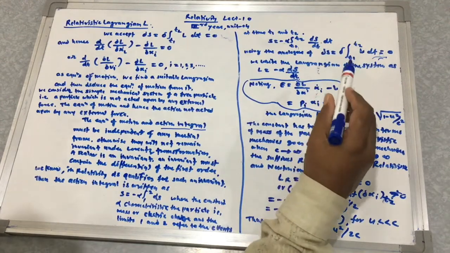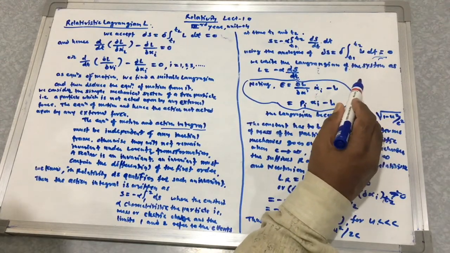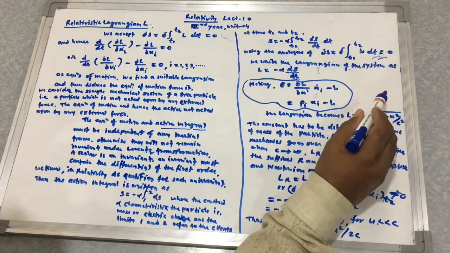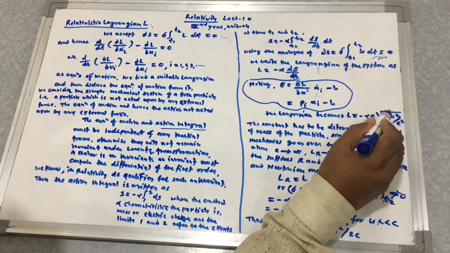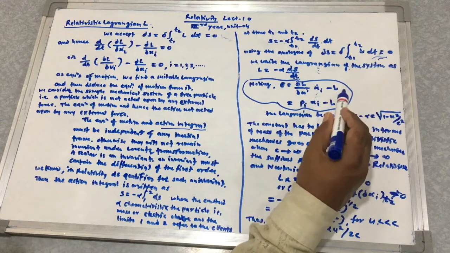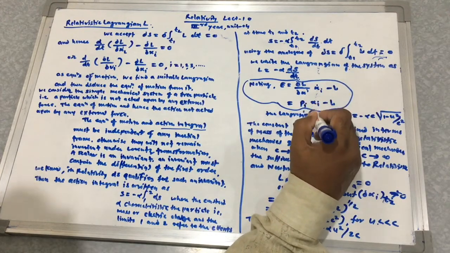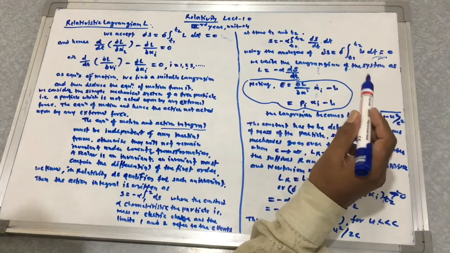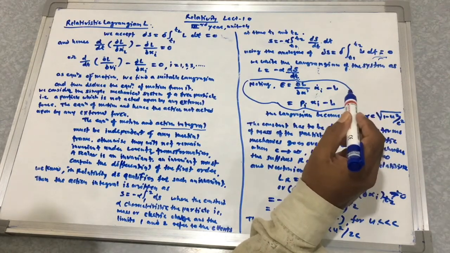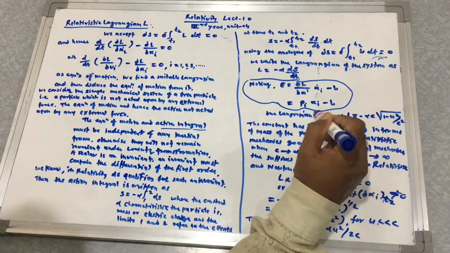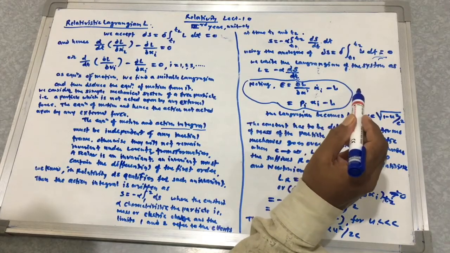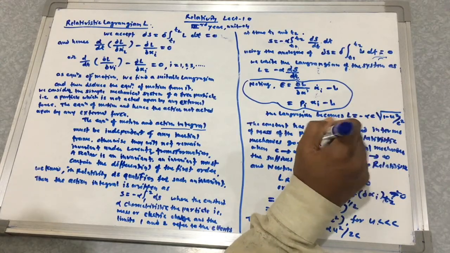The Lagrangian becomes L is equal to minus alpha c square root of 1 minus u square upon c square. This constant has to be determined in terms of the mass of the particle.